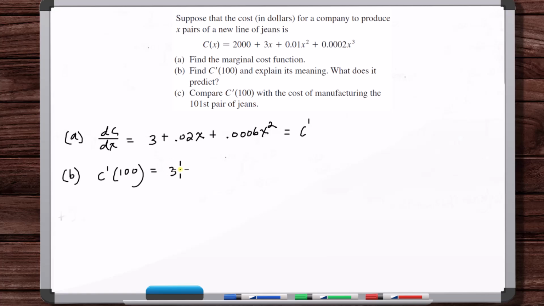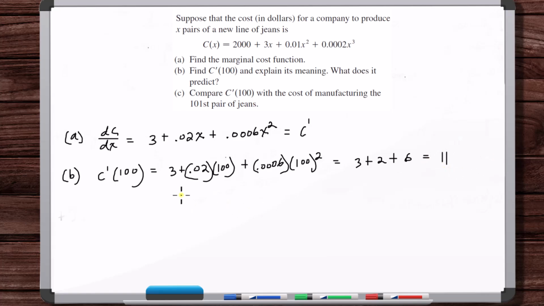So this is 3 plus 0.02 times 100 plus 0.0006 times 100 squared. So this is 3 plus 2 plus, 100 squared, so this will be 1, 2, 3, 4, plus 6.